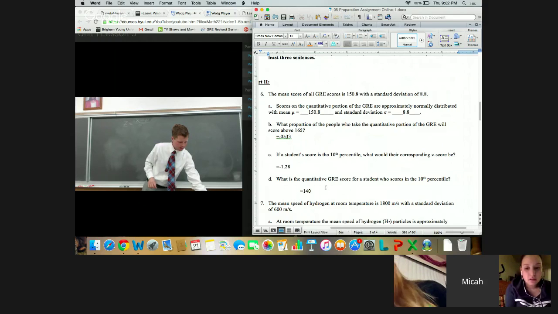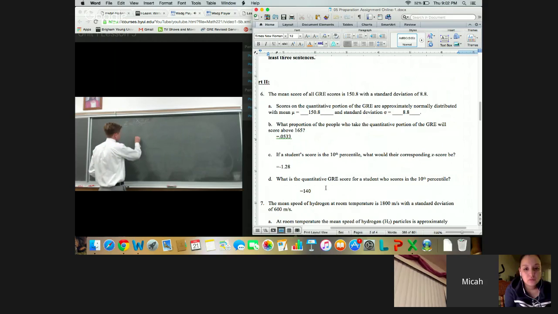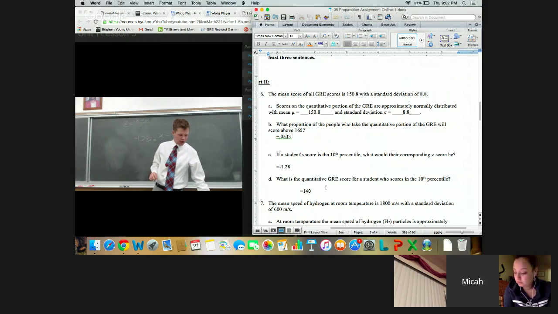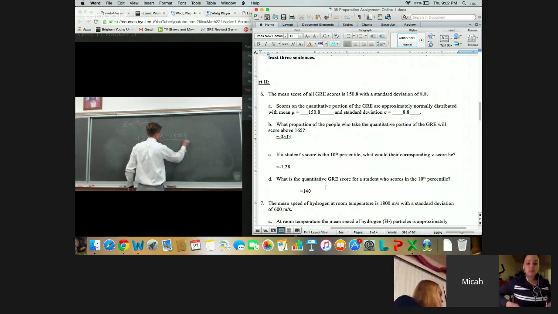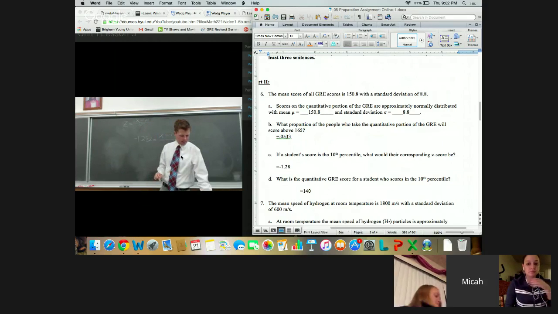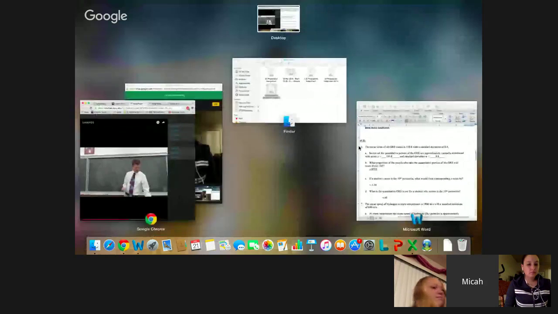We know that the z-score is negative 1.282, which is equal to, we're going to be solving for x, minus the mu, and the mu hasn't changed, so the mu is still 150.8, and the standard deviation is still 8.8. And then he just solves for x.